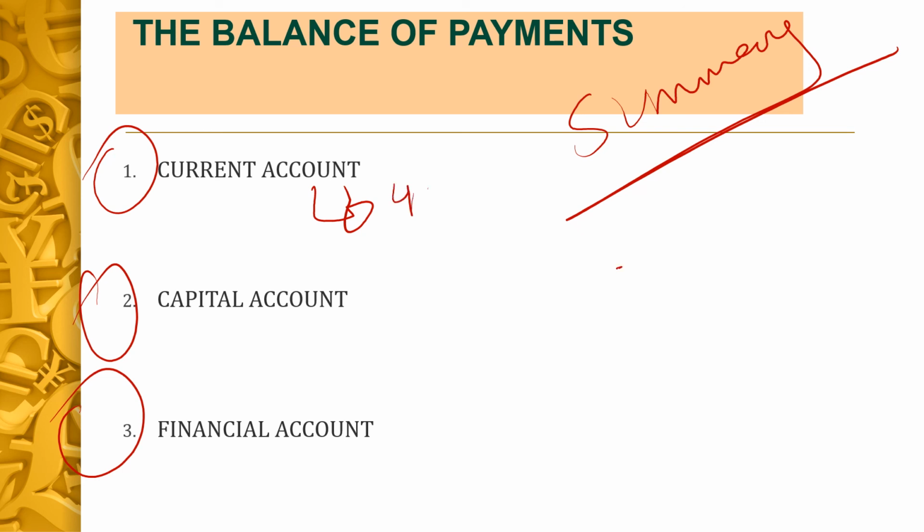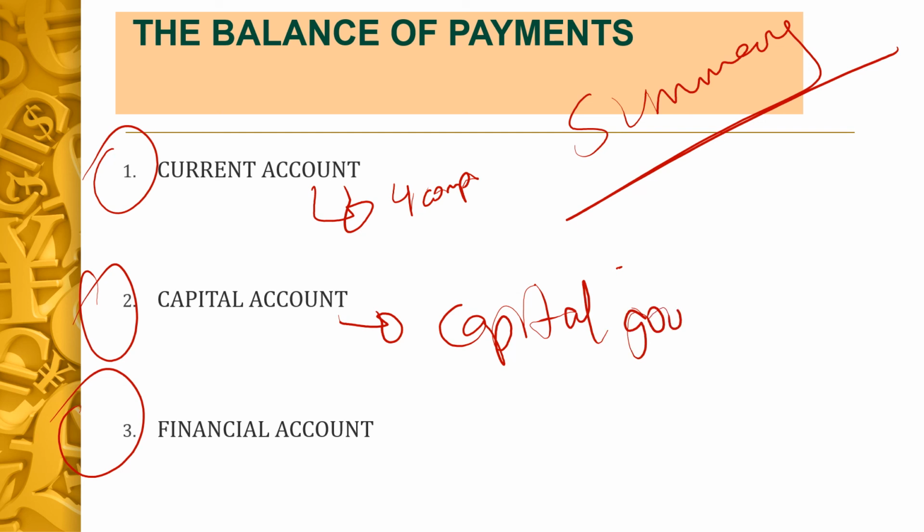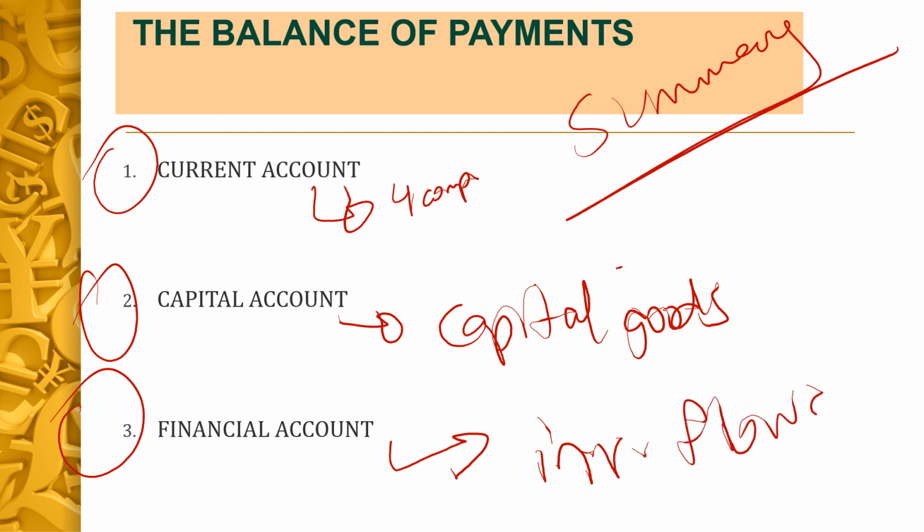So it has the four components that we explained. And the capital account, it will include the sale of capital goods, such as buildings and machinery. And finally, the financial account, which shows us the investment flows, which includes loans and loan repayments and the sale of shares.